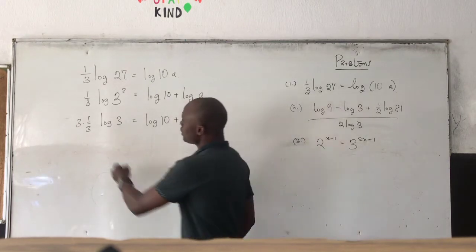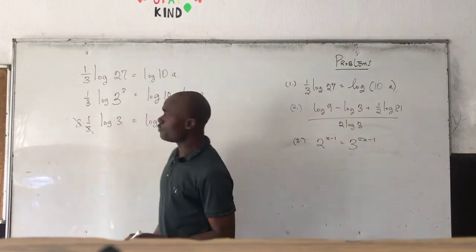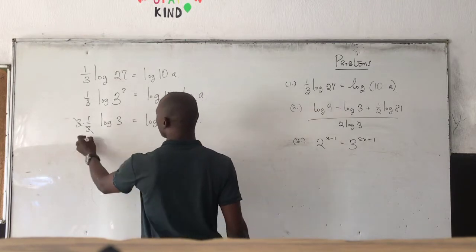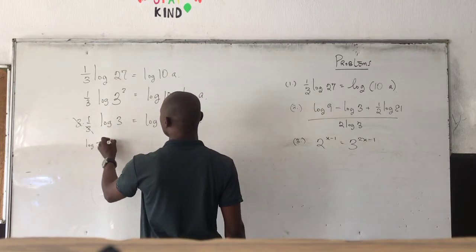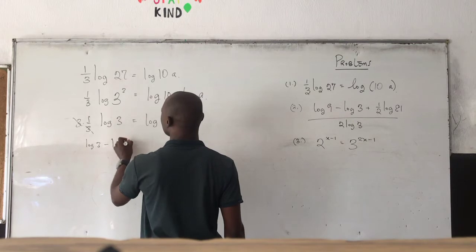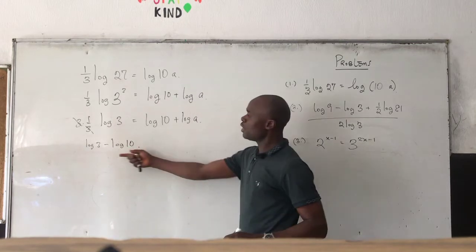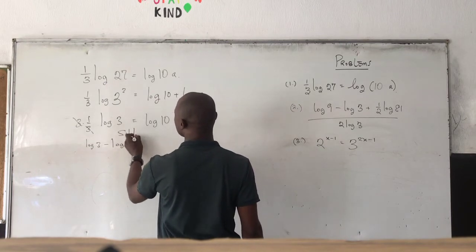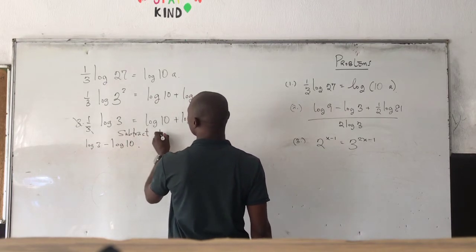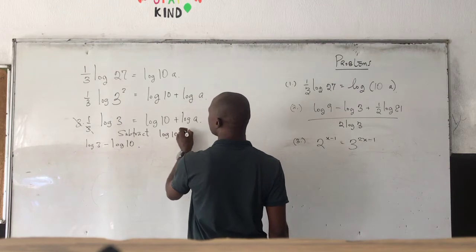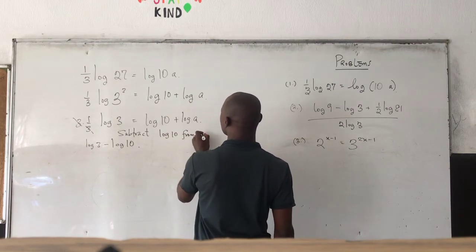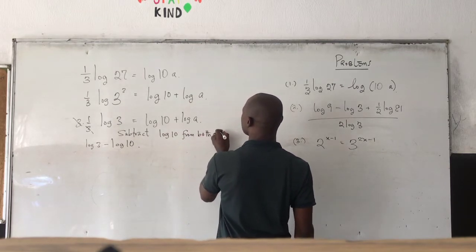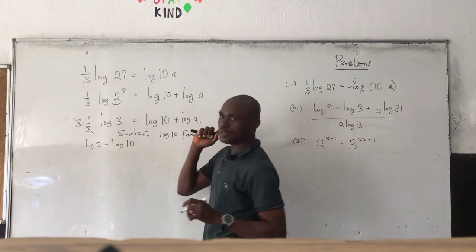So we have a cancellation of this, and we are left with log 3 minus log 10. How did I get this from here? I did that by subtracting log 10 from both sides. So that is what I did.